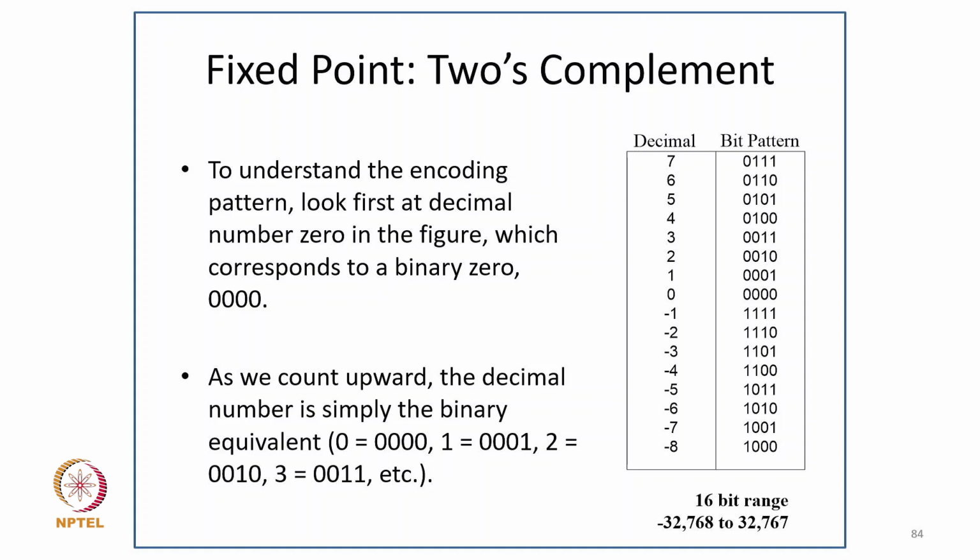So to understand the encoding pattern, look first at the decimal number 0 in the figure, which corresponds to binary 0000.